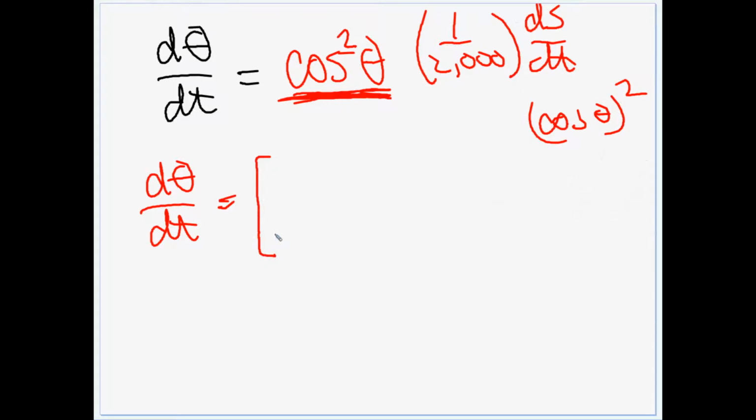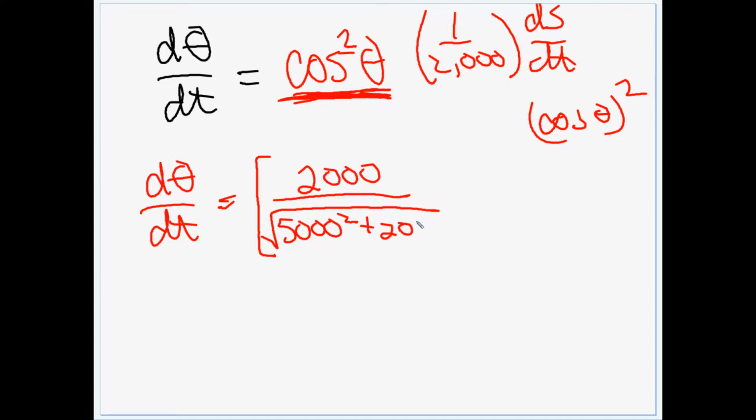So this cos value, 2,000 in the numerator, and then in our denominator we have a radical with 5,000 squared plus 2,000 squared. That's supposed to be an exponent squared. That's better. And this whole quantity is squared because, remember, this cos is squared.